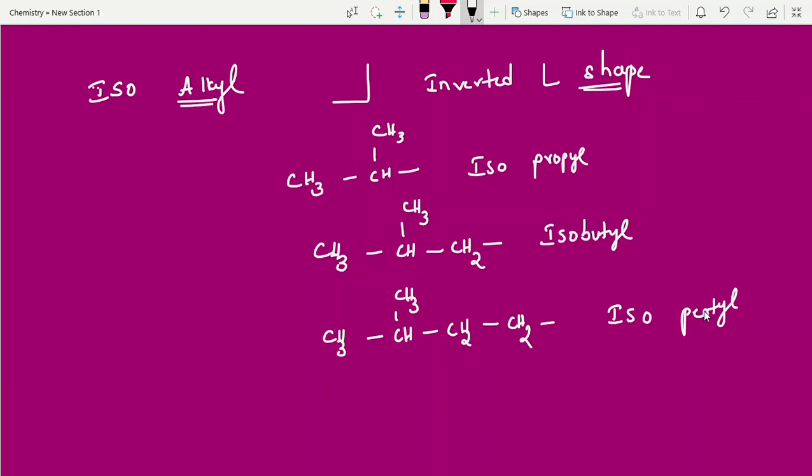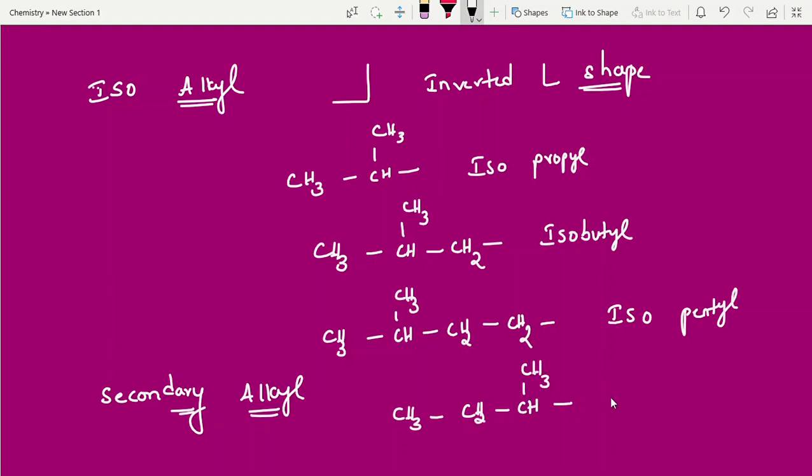Okay, that's it. Now secondary alkyl group. What is secondary? Second carbon. Isopropyl and secondary, most of the people are confusing. That's why I am giving secondary butyl here. CH2, CH, CH3.